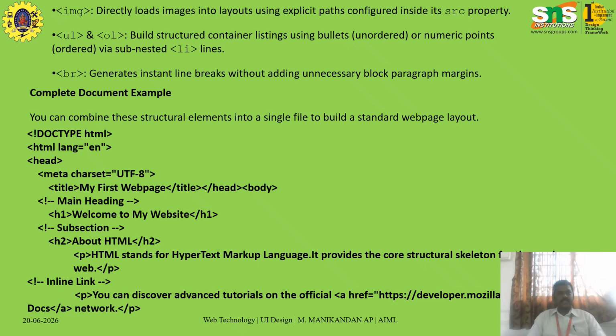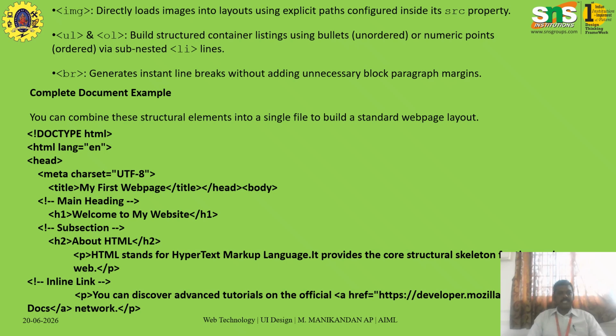Then UL and OL, unordered and ordered lists, building structured container listings using bullets or numerical points via nested li lines. Inside UL and OL, we have the li, list item tag, which creates the number of elements inside the UL and OL.